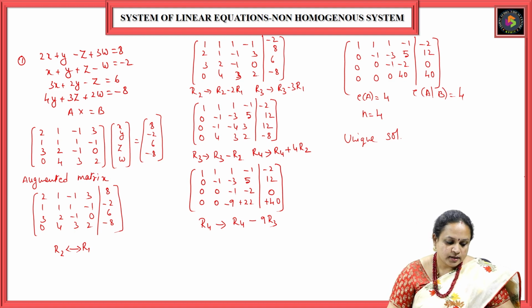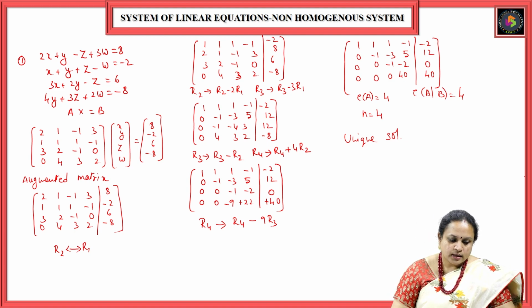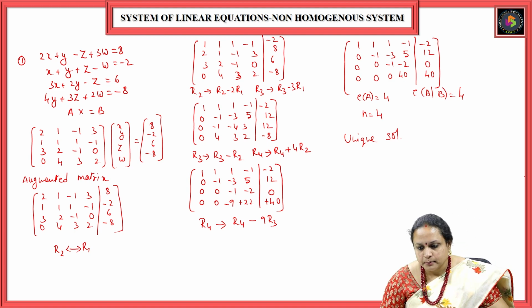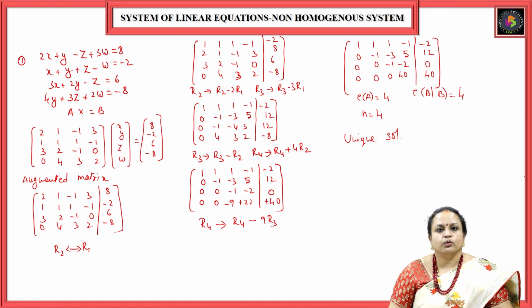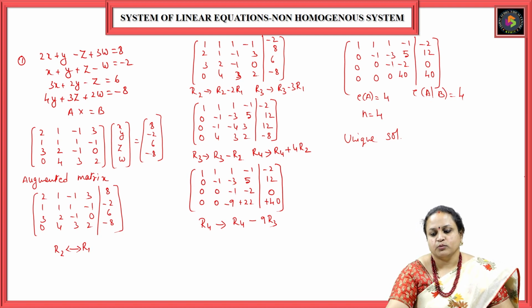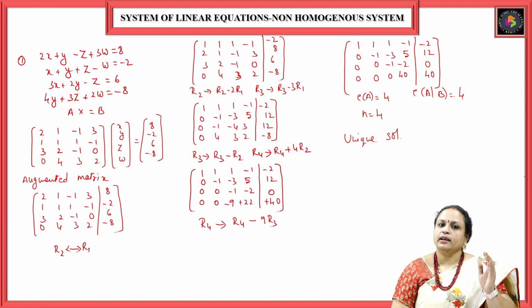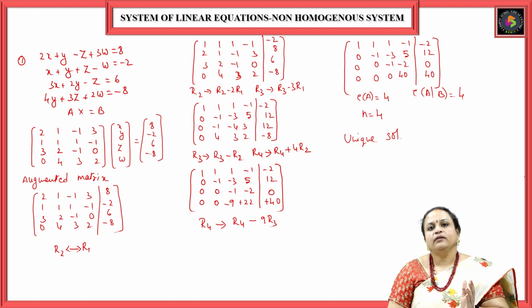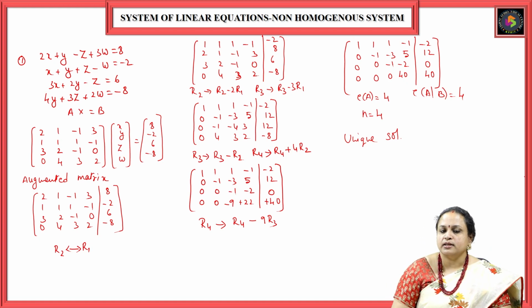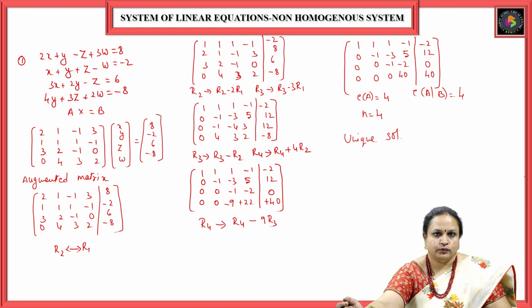So let us find this unique solution using the backward substitution method. What we are going to do is, whatever matrix we got, we multiply it with X, Y, Z, W and then we equate it to the matrix on the other side of this.